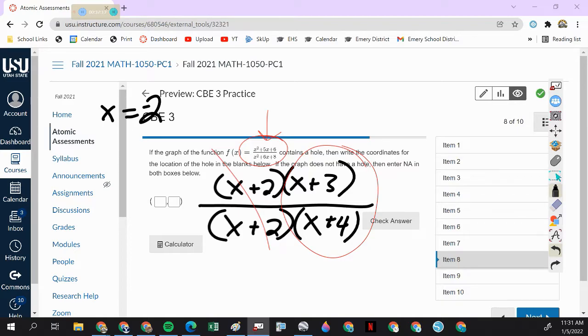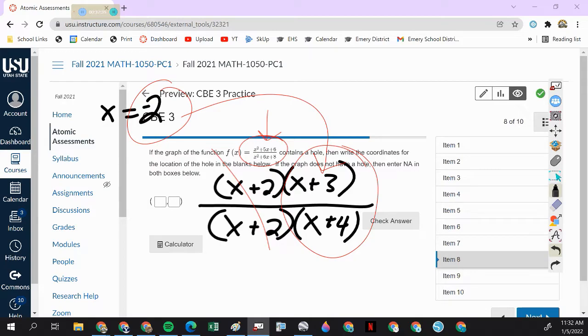The only way you can figure out that there is a hole is if you plug in negative 2, and it will say x equals negative 2 and y equals blank. But it won't tell you where the hole is. So to find the hole, we just plug negative 2 into the equation where the hole has been plugged. And that will give us the y coordinate of the hole.